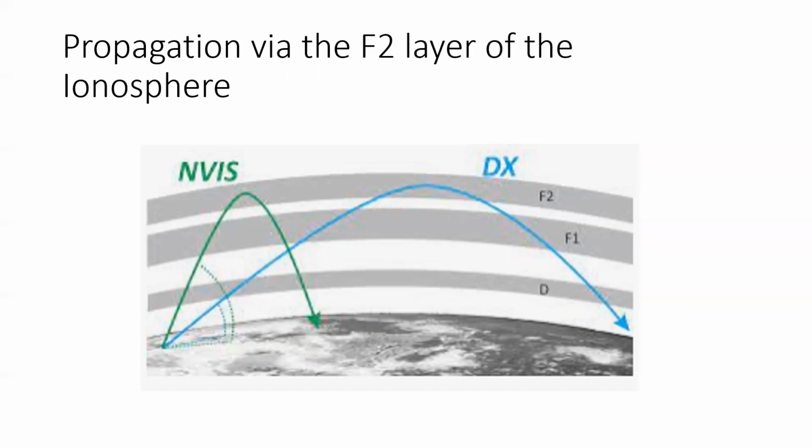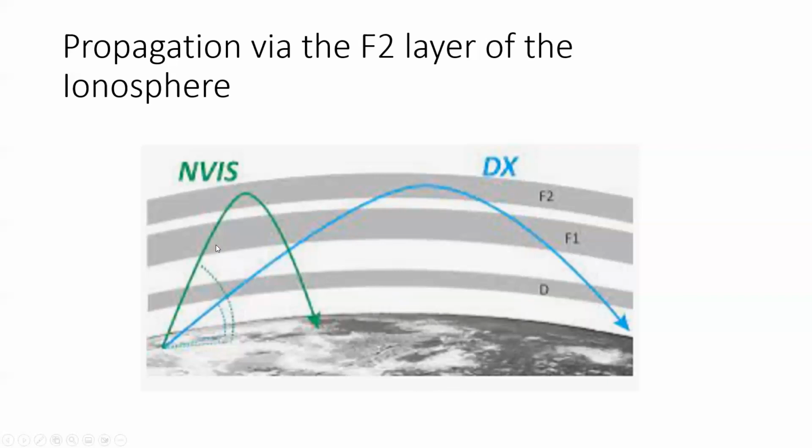If you're on 20 meters, like sideband, you may notice that you only hear one side of the conversation. That could be because the other station is in the skip zone. So basically your transmitted signal and your received signal is skipping over a good part of the country, and that is called the skip zone.